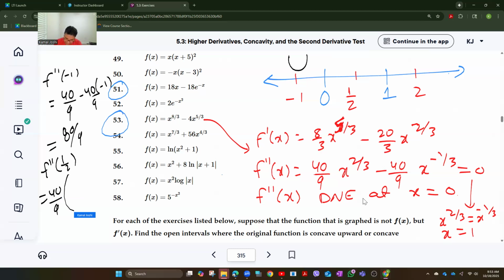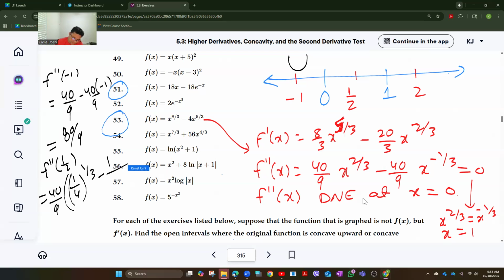Let's take it out. x to the 2/3: half to the power 2/3 will be 1/4 to the power 1/3, since you are squaring first, x squared, then cube root. So x squared will be 1/4. Then minus x to the minus 1/3, which is 1 over x to the 1/3.